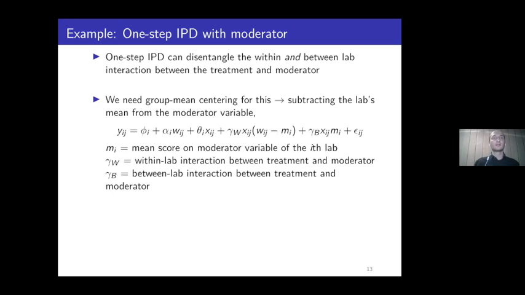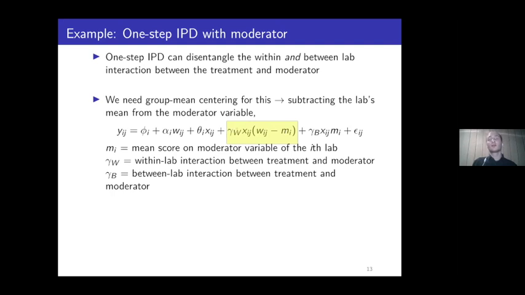So if we look at this regression equation, it's more complicated than we saw before, but the new elements that were added are the main effect of the moderator variable. We have the interaction effect between the treatment variable and the group mean centered variable, so the difference between the scores on the moderator W and the lab mean.